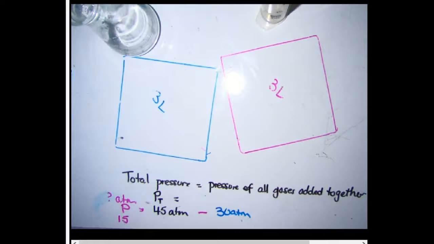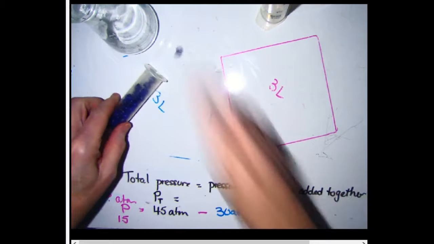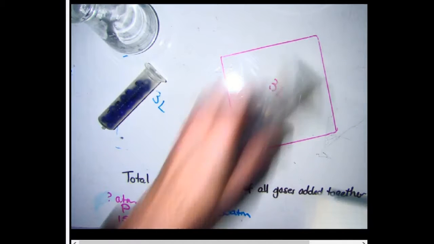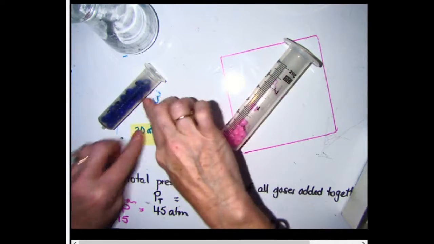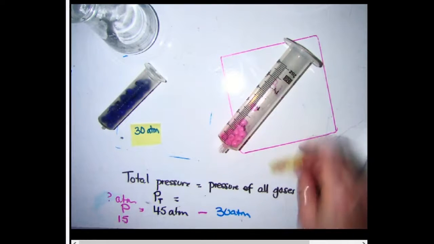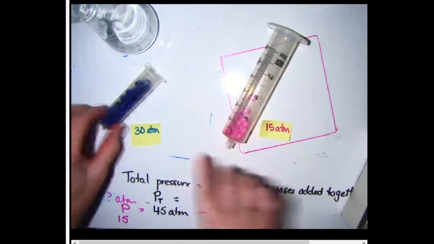All right? So what I'm going to do is I'm going to put the blue gas there, and then I'm going to put the pink gas in here. So I'm going to use my stickers again. My stickers say that I have 30 atmospheres pressure of blue, and I have 15 atmospheres of the pink.